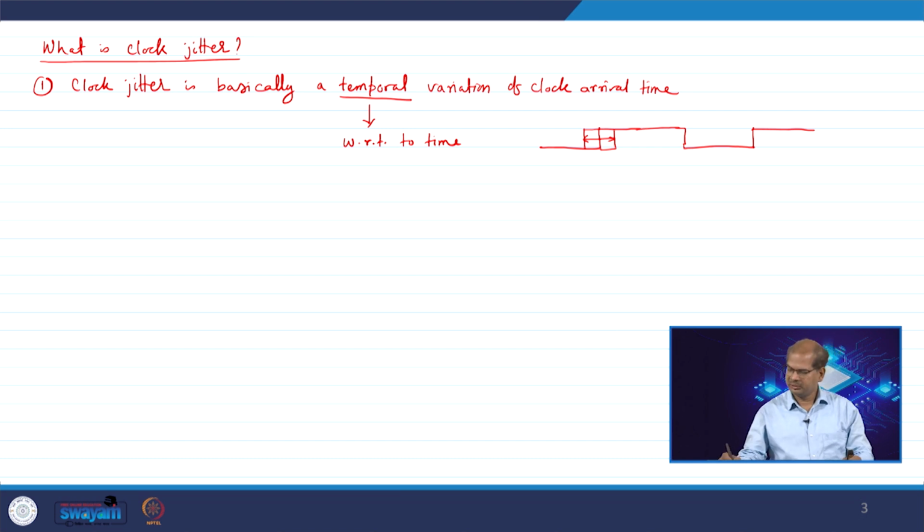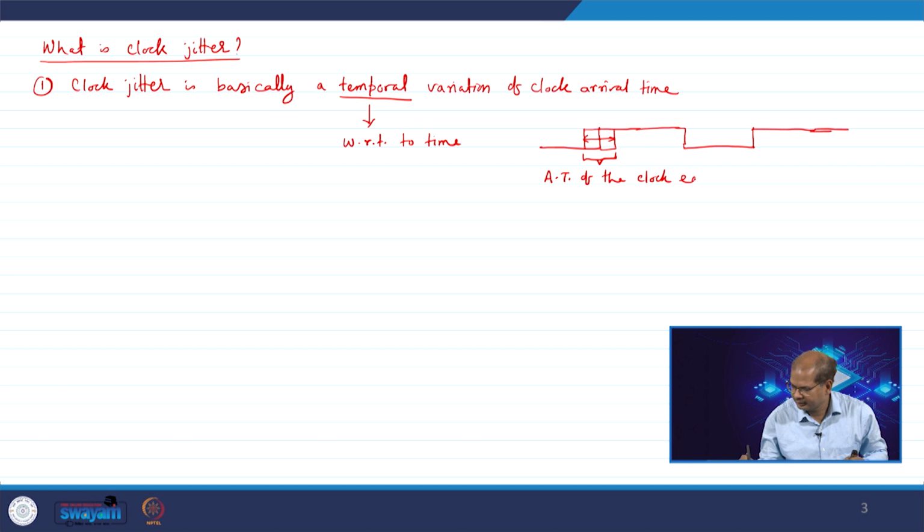So, the arrival time of the clock will vary with time.